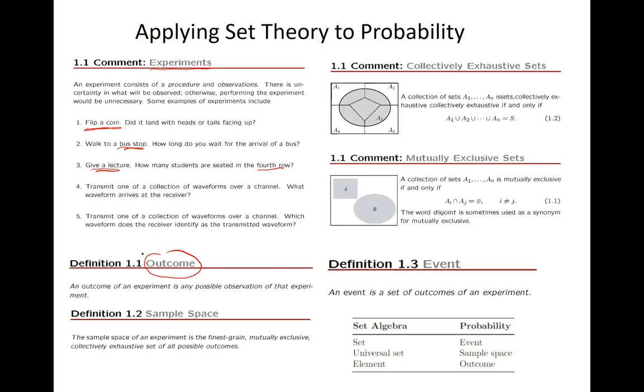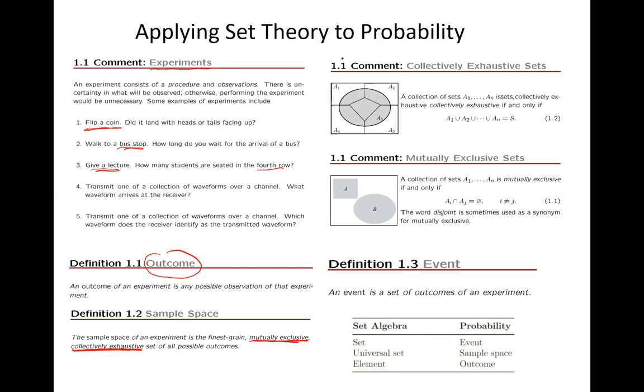Sample space is the fine-grained, mutually exclusive, collectively exhaustive set of all possible outcomes of an experiment. Here, these terms are critical: mutually exclusive, collectively exhaustive sets.